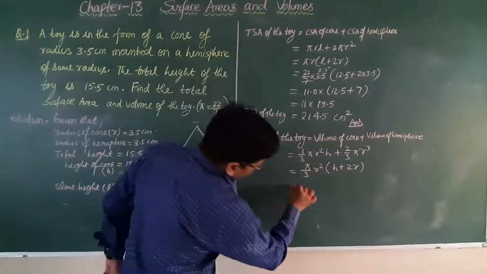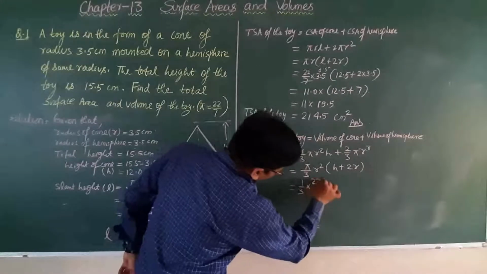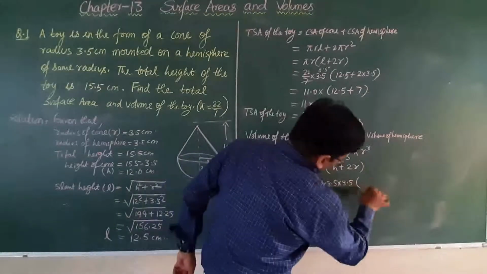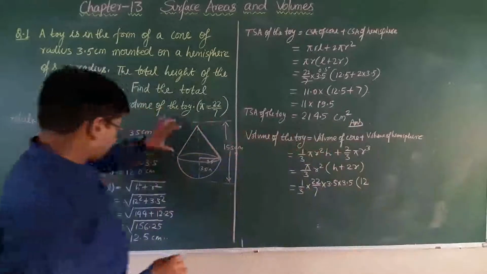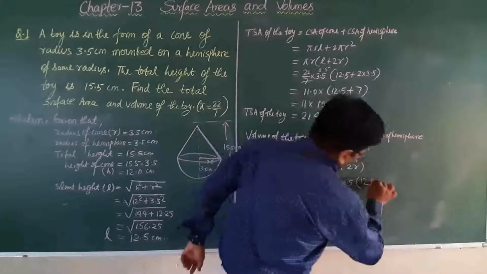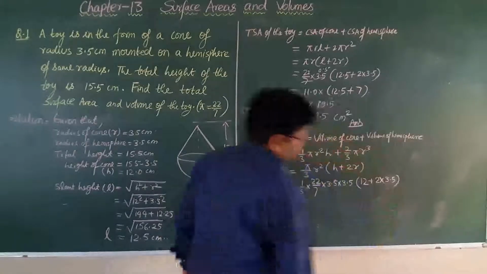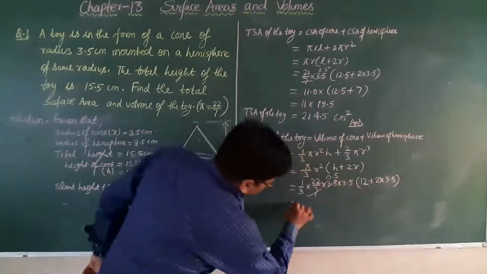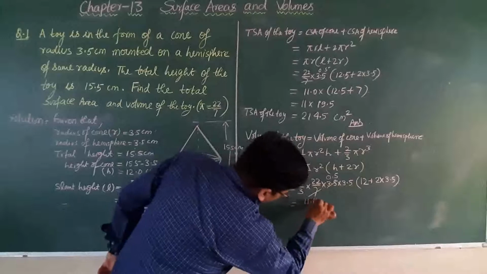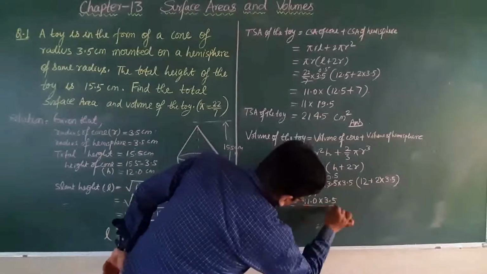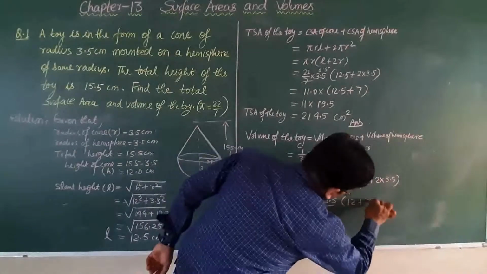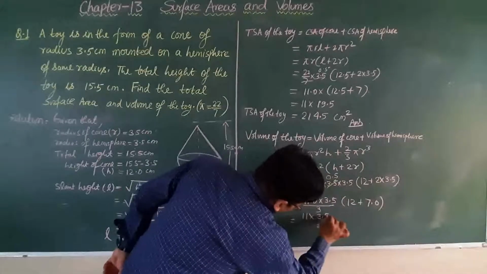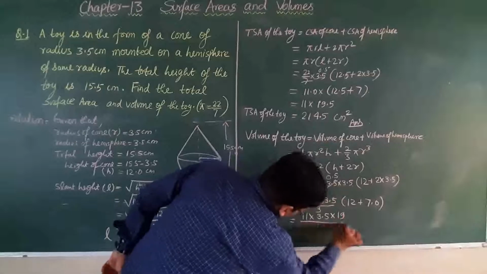Putting the values, π is 22/7, r is 3.5, h is 12, so 12 plus 2 times 3.5. Cancelling 7 gives 0.5, then multiplying by 22 gives 11.0 into 3.5 upon 3, and this becomes 12 plus 7, that means 11 into 3.5 into 19 upon 3.